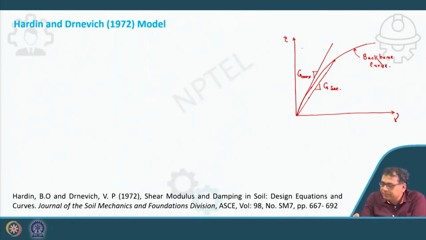Then, if I draw a line from this point, this will give me the maximum shear stress, tau max. If I extend the initial slope line until it cuts the tau max, the corresponding strain is taken as the reference strain.